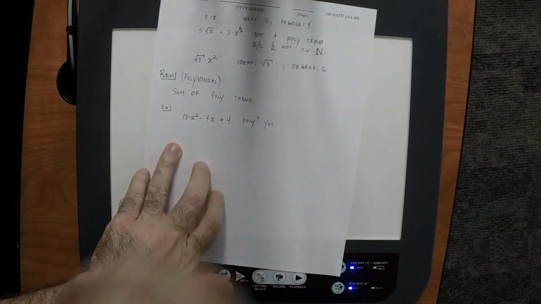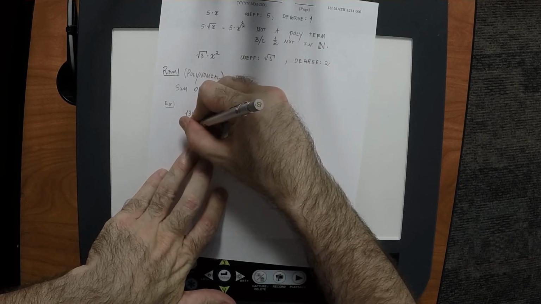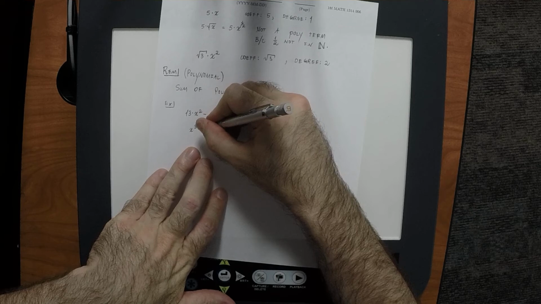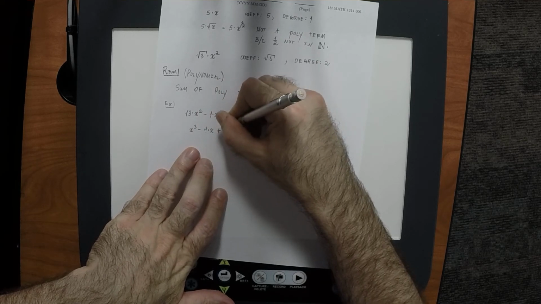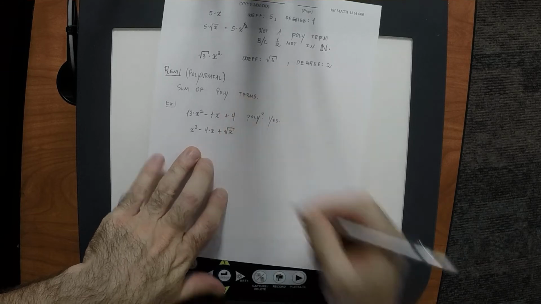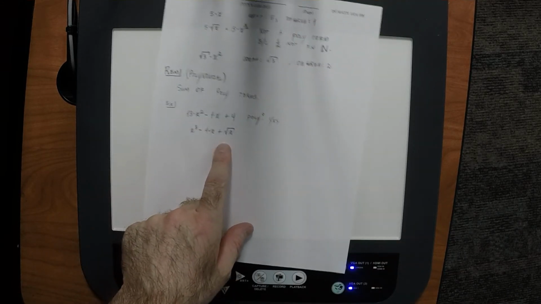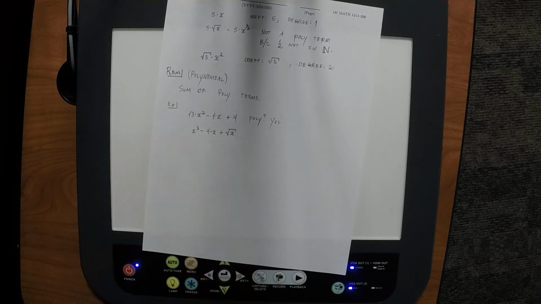The next one I could say is, what about x cubed minus 4x plus the square root of x? How many terms? 3 terms. They're all terms, because terms are just things separated by pluses and minuses.